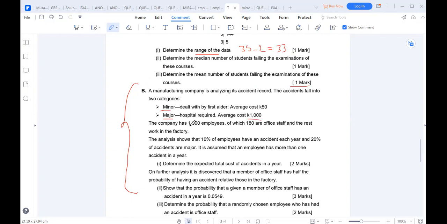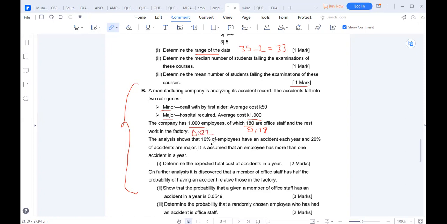Then the company has 1000 employees, of which 180 are office staff. So 180 divided by 1000, you get 0.18. The rest are what? They work in the factory. So the rest is 180 from 1000. What do we get? 820. So 0.82, they work in the factory.